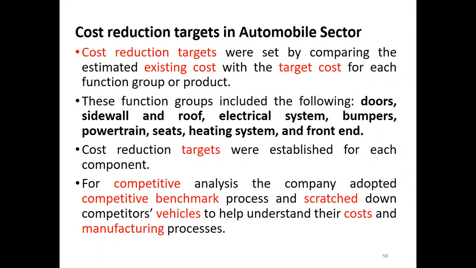To do this, I have to scratch some products from my competitors. I need to understand the processes of my competitors. I need to understand the areas of cost of my competitors and areas of cost of my organization. So this technique I can use in the automobile sector.